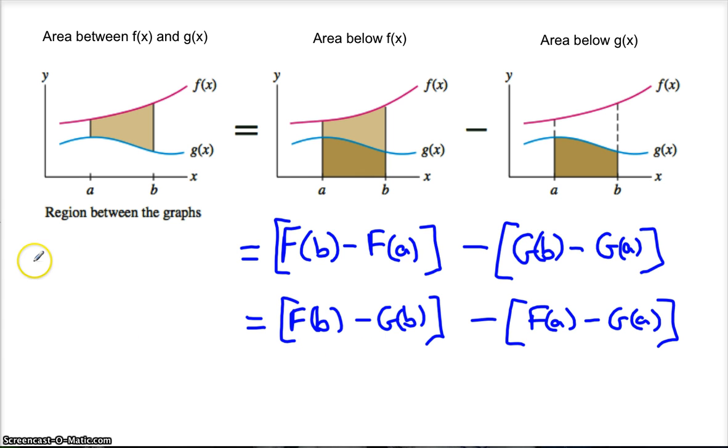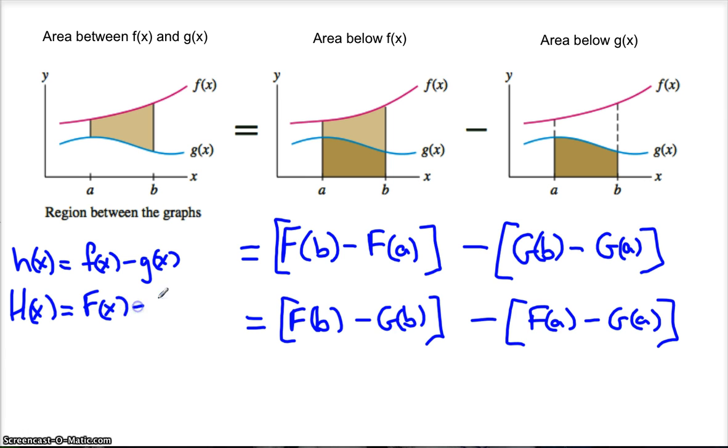Because now I'm going to define a new function h of x, which is going to be the difference between f of x and g of x, provided f of x is above g of x. This new function will be the difference. And the antiderivative of this new function will be F of x minus G of x, all uppercase because these are all antiderivatives.